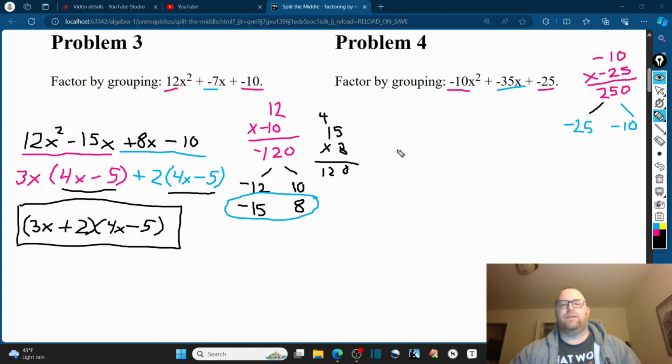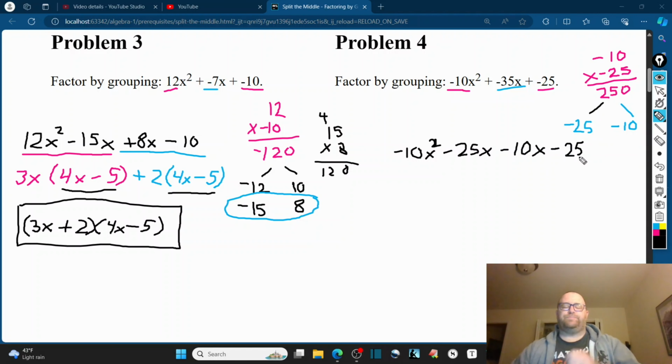So let's rewrite this. I'm going to write it as negative 10x squared minus 25x minus 10x, and then instead of plus negative 25, I'll just write minus 25. We now want to look at these first two terms and pull out the greatest common factor, which is going to be a negative 5x.